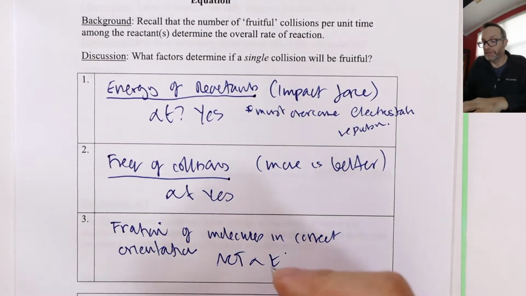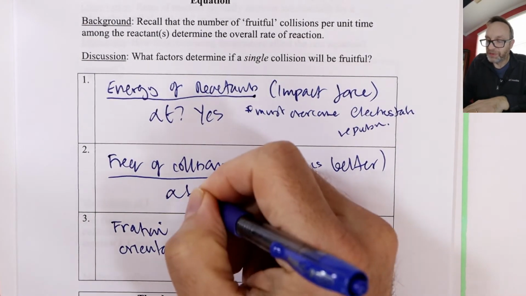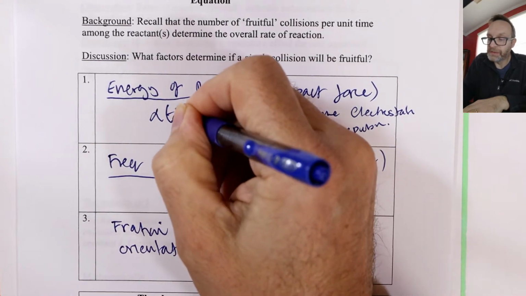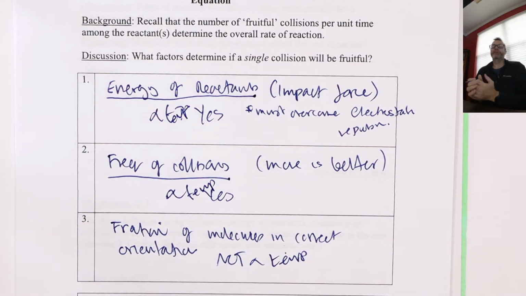I'll put temp because we don't want to confuse it with time. There'll be some fixed fraction, maybe 10%, 20%, whatever. If you look over 100 collisions, how many of them are in the right spot when they hit? Maybe 10, maybe 20%, whatever. That's a fixed number, not dependent on temperature.